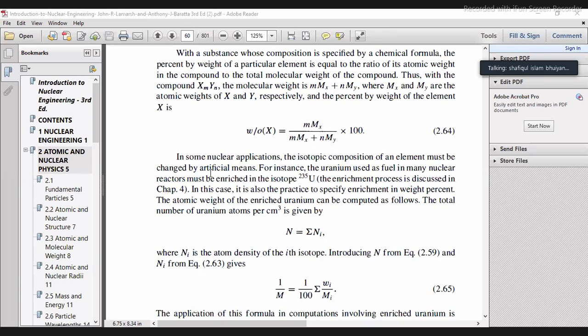In nuclear applications, the isotopic composition of the element must be changed through artificial means. Okay, that's a different case.